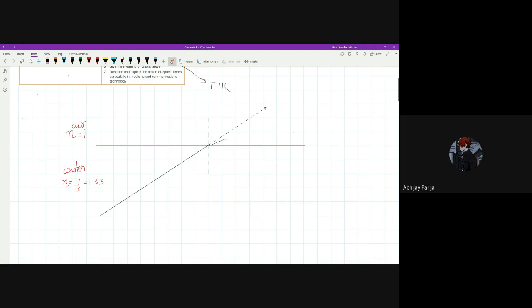And when it goes from a rarer to a denser medium, it moves towards the normal. That is refraction. Now we are doing critical angle and total internal reflection. In refraction, light can go both ways, from rarer to denser medium and denser to rarer medium.